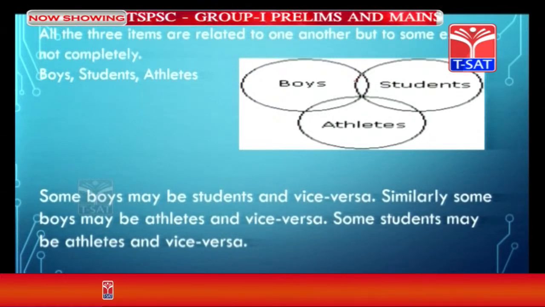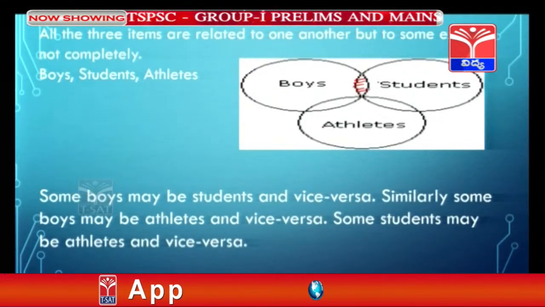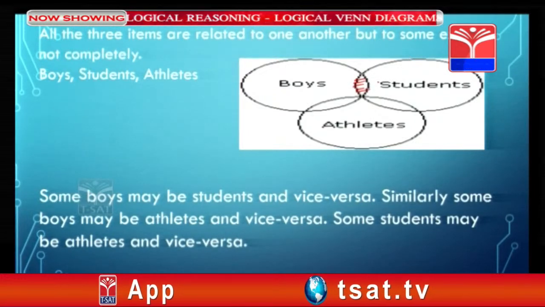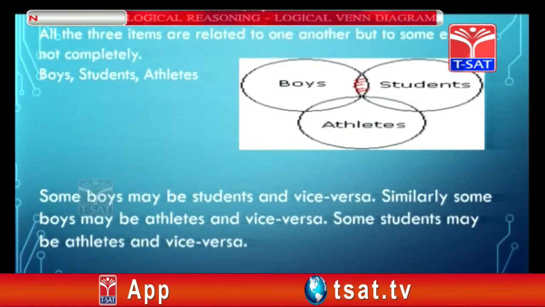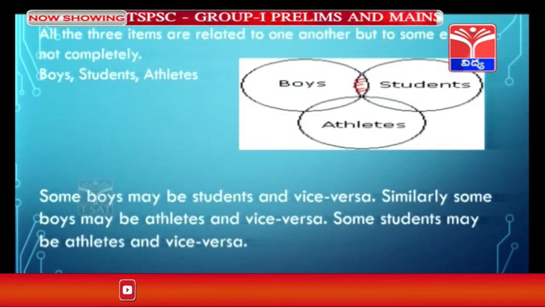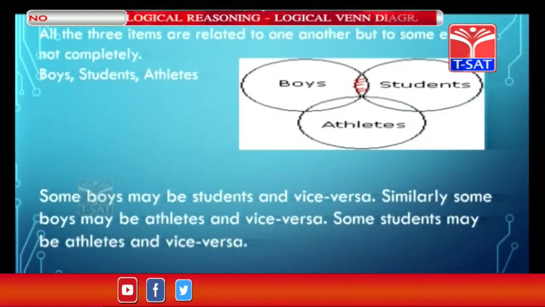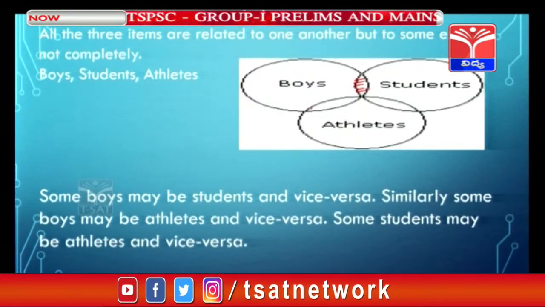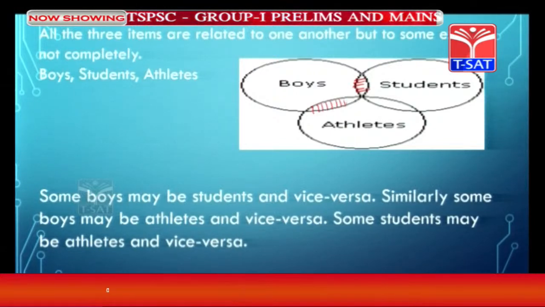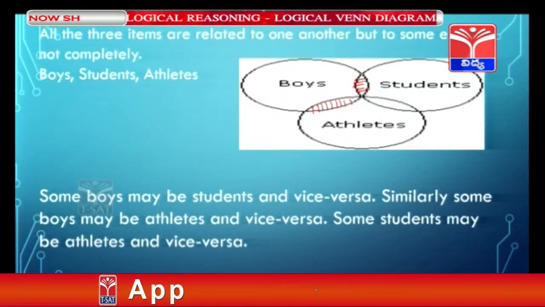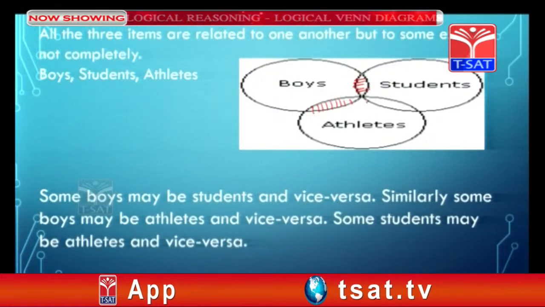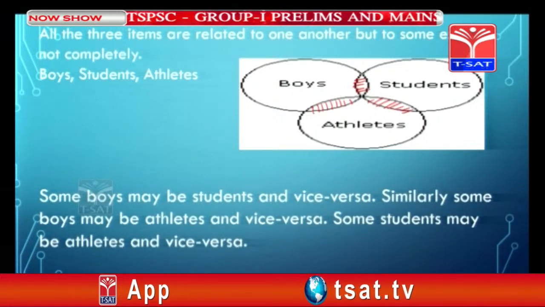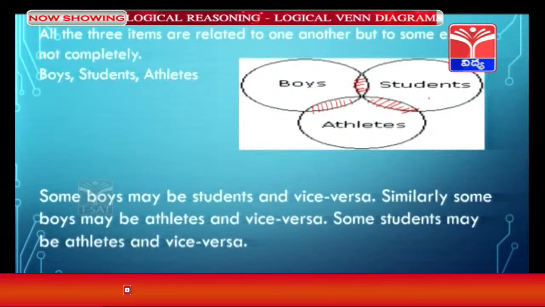This part is the relation between boys and students. That part represents the persons who are boys as well as students, and this part represents the boys who are athletes. This point represents the students who are athletes.